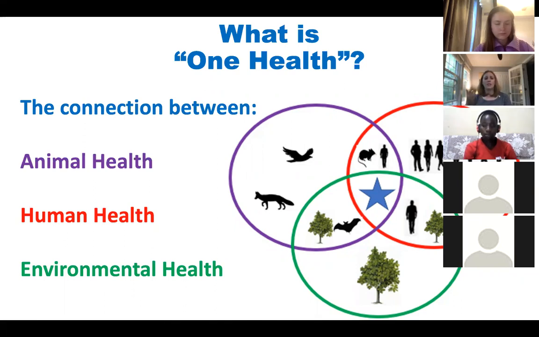And when it comes to animal health and wildlife health, for instance, that fits right in this area where animals and the environment come together. So One Health, again, is the connection between animal health, human health, and environmental health.